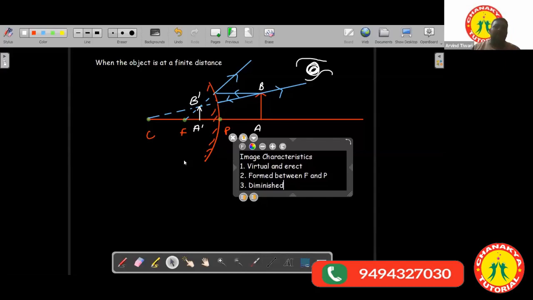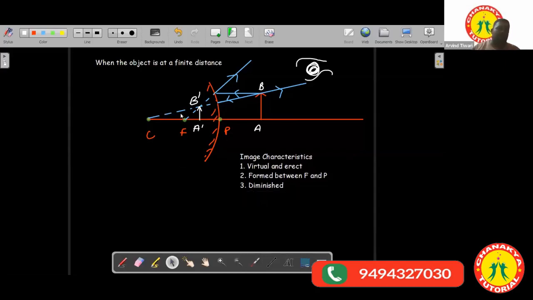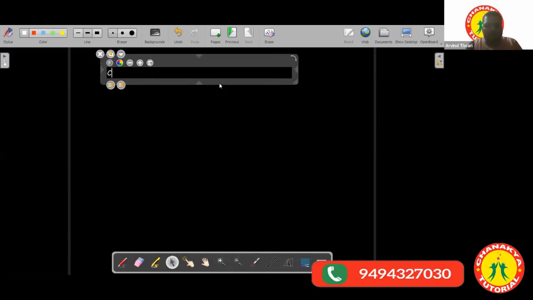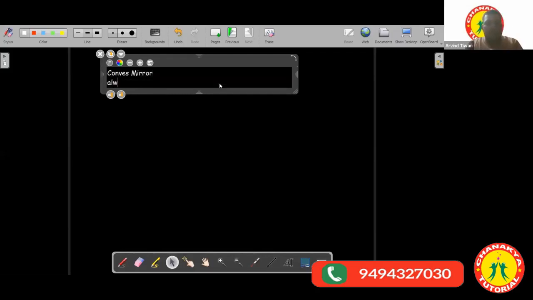Now just remember a convex mirror. If we list out the characteristics of images formed by a convex mirror, a convex mirror always forms a virtual image, it never forms a real image. And what about its size?